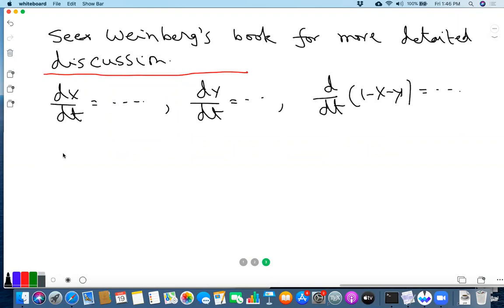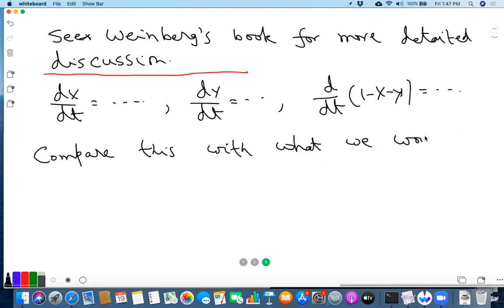So the right hand side, let's compare this with what we would get by assuming thermal equilibrium. This is what we did earlier.